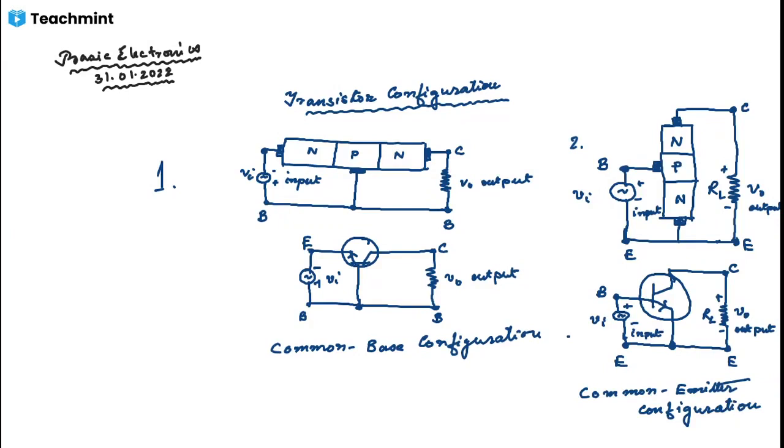So this is common base configuration, and this is common emitter configuration. These are the two configurations that we are discussing.